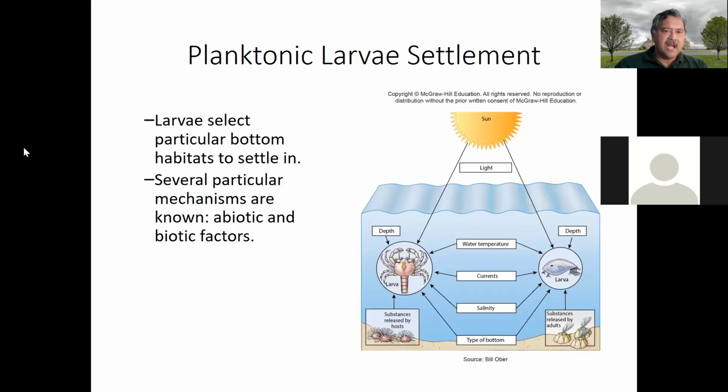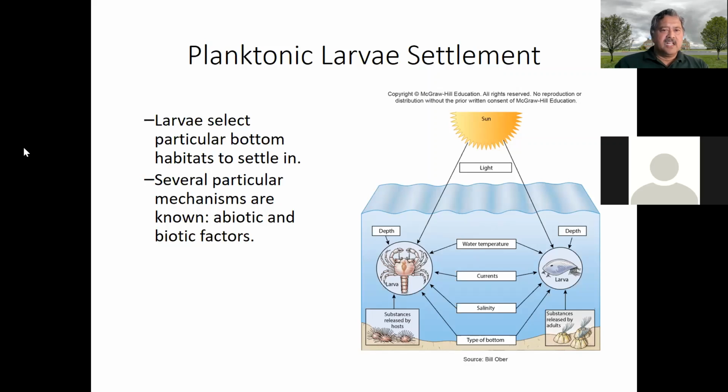Now remember, an abiotic factor is a non-living factor, and a biotic factor is a living factor. So a living factor might be things like a predator-prey relationship. An abiotic thing might be the amount of oxygen that's available, the amount of sunlight that's available.